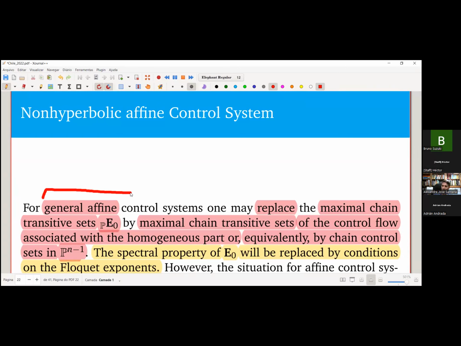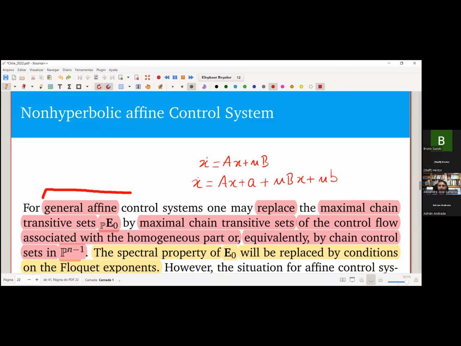But the problem here is to generalize this situation. Consider not a linear system like x dot equal Ax plus ub, but consider now a system in a more general context, Ax plus a plus (ub)x plus ub, where this small b is also a vector in R^n.